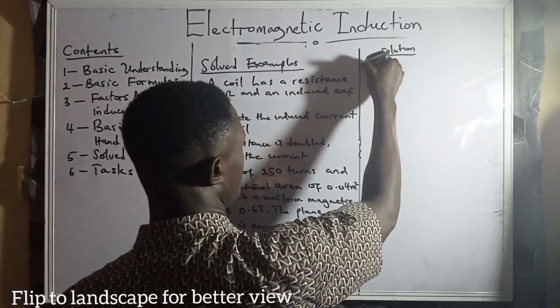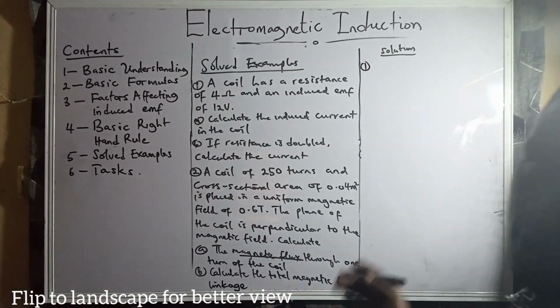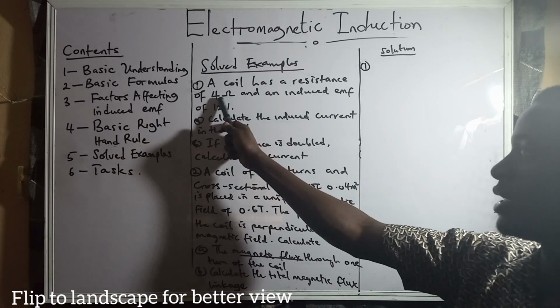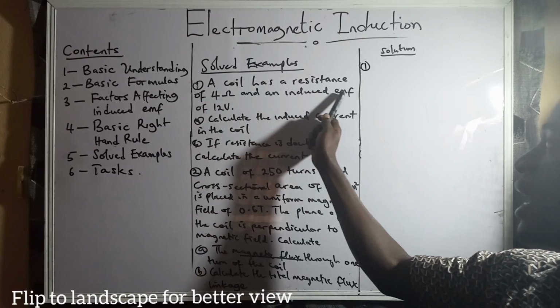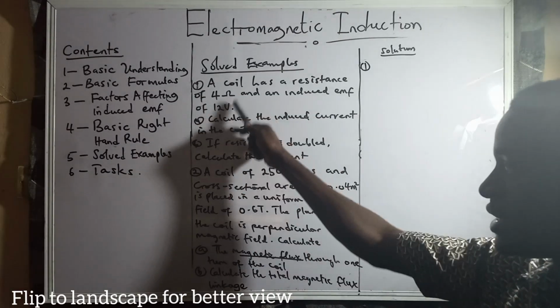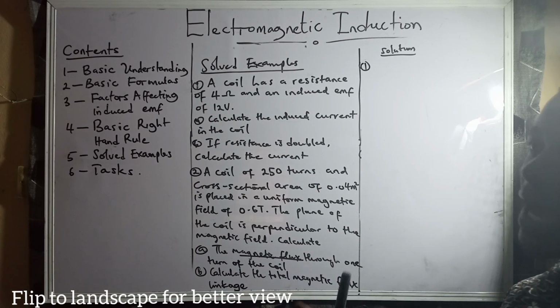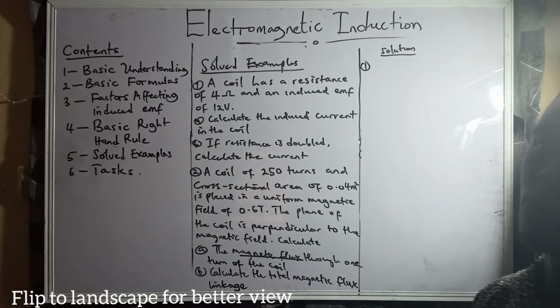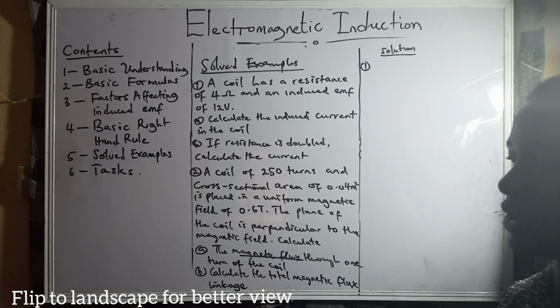Now, anytime you want to solve a physics question, the first thing you need to do is list out all your parameters. For example, in this number one, you are given resistance of 4 ohms and induced EMF of 12 volts. So list that out. Once you list that out, you are good to go. Listing everything you are given gives you a direction.